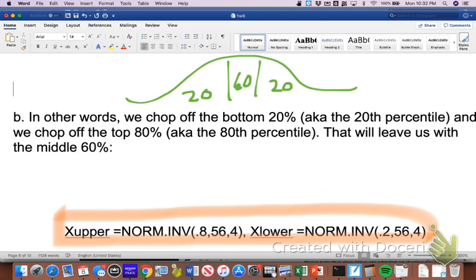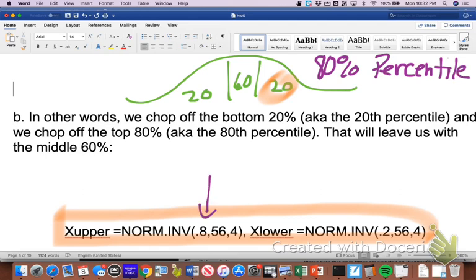First of all, as we clarified a second ago, when we're talking about our top 20%, what we're really referring to is the 80th percentile. So when I type in the part of the formula that involves who I'm higher than, I'm going to use the 0.8.